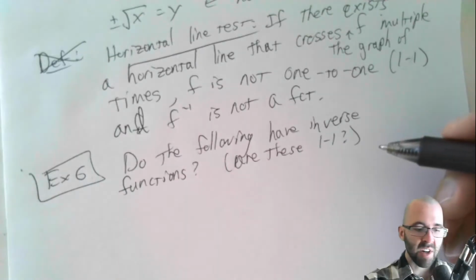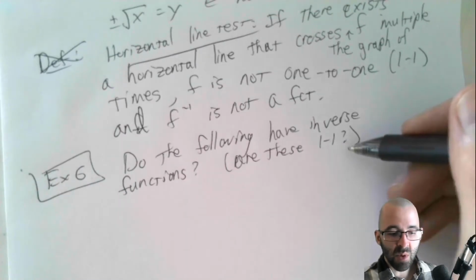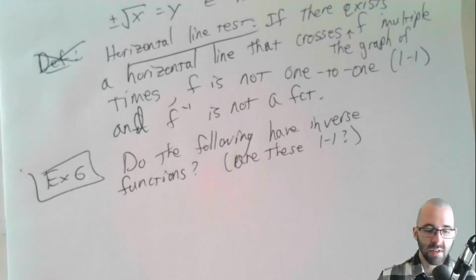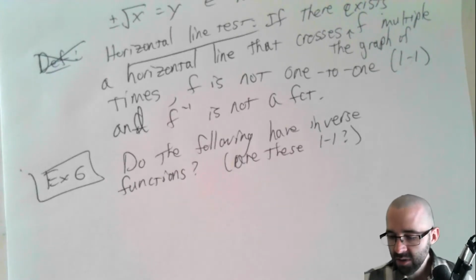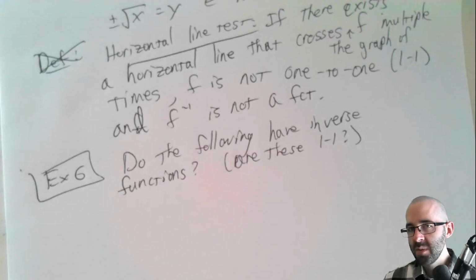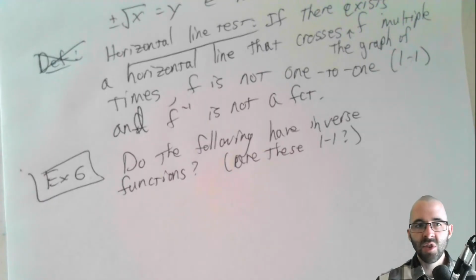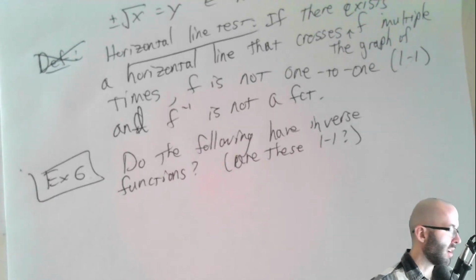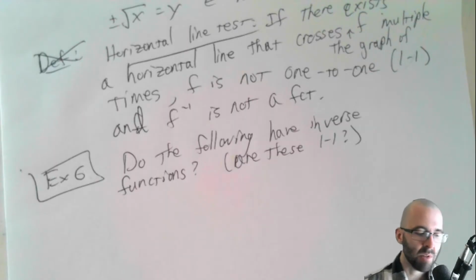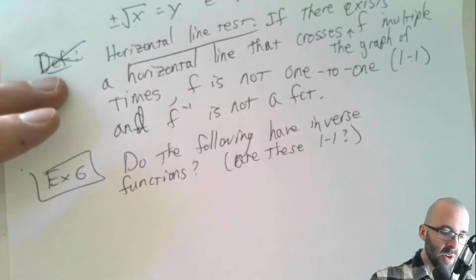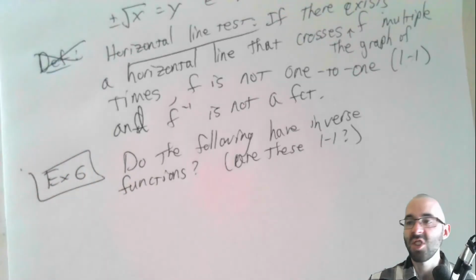Same question. I could phrase it both ways, because if it's one-to-one, then it has an inverse function. And for the homework problems in this section, you can use Desmos. It says use some sort of graphing utility. You can use a graphing calculator. You can use Desmos. It's up to you. So I'm not even going to write out all the answers. I'm just going to show them all.